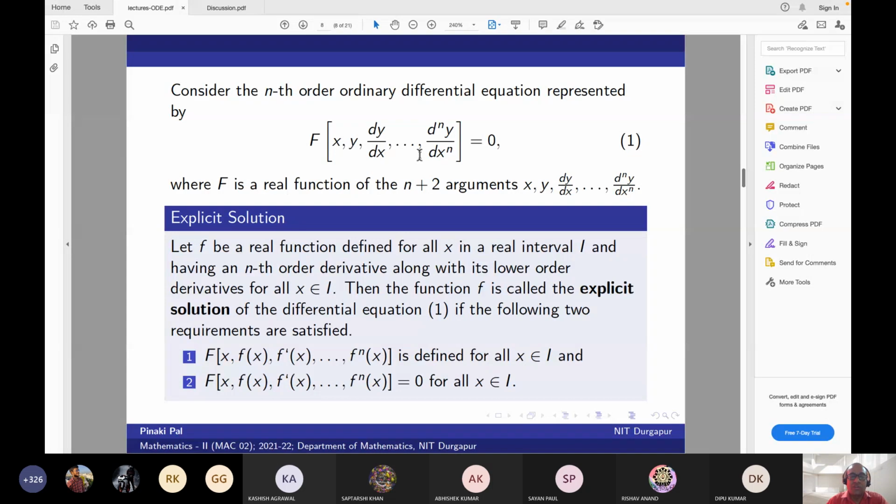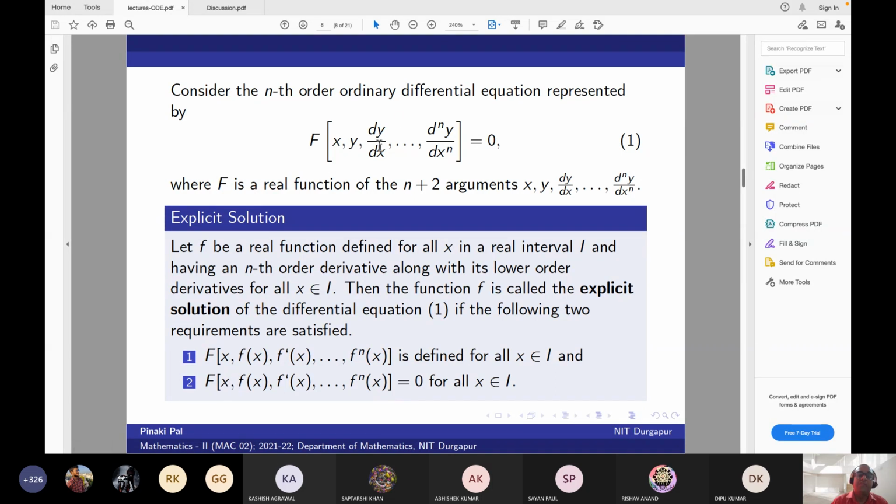Now, explicit solution means it is basically a function of x. We call it f, small f, and it must be defined in a real interval. Moreover, when we substitute f in place of y, it should satisfy the differential equation.